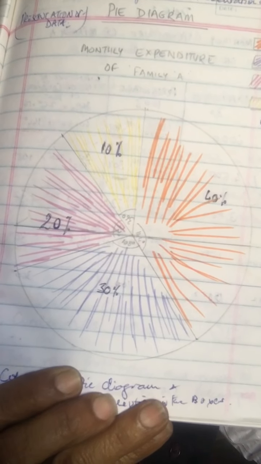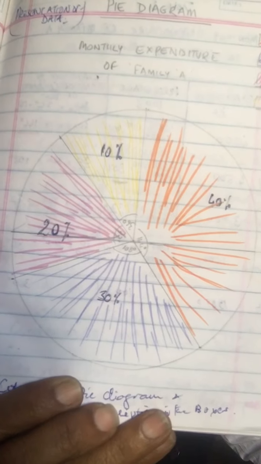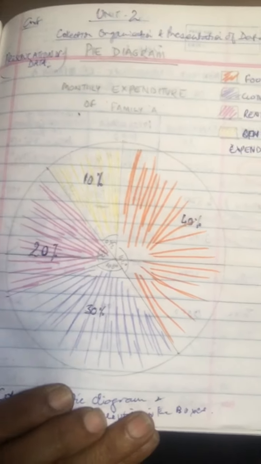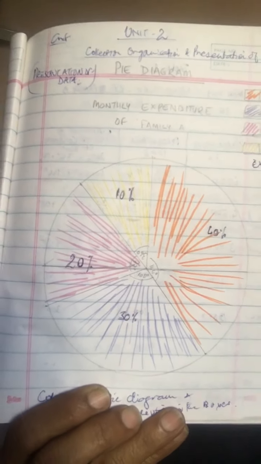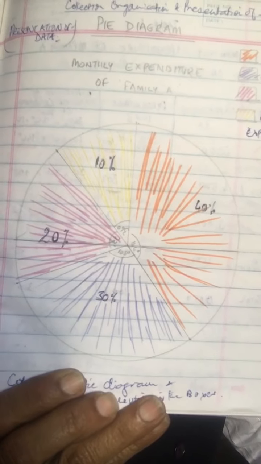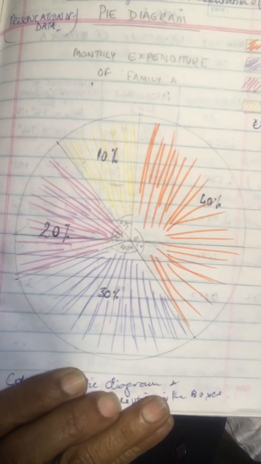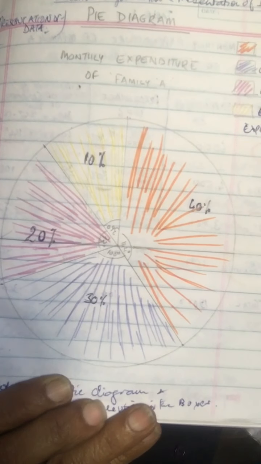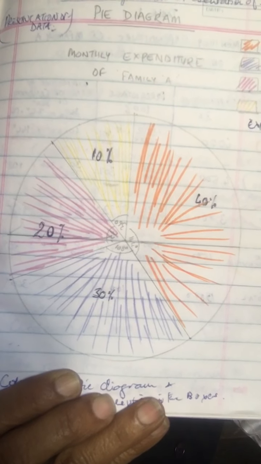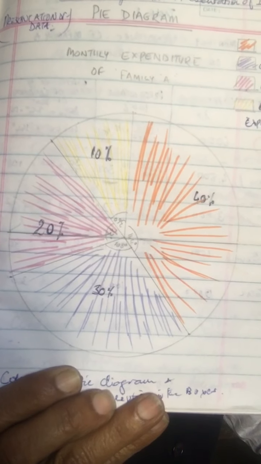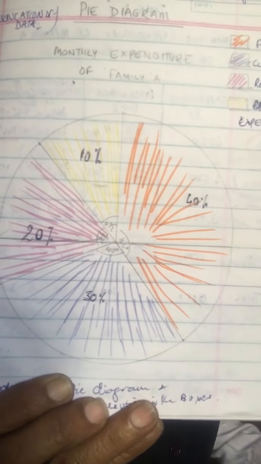So we converted them into degrees: 144 degrees, 108 degrees, then 72 degrees and 36 degrees. So that comes to 360 degrees. The degrees of every component of the circle can also be found without their percentage values as under. The degree of the component is equal to the value of the component upon total value into 360, and that's how also you can work it out.